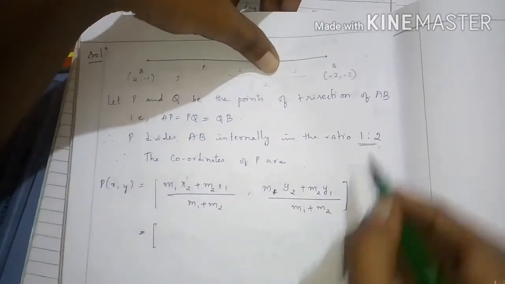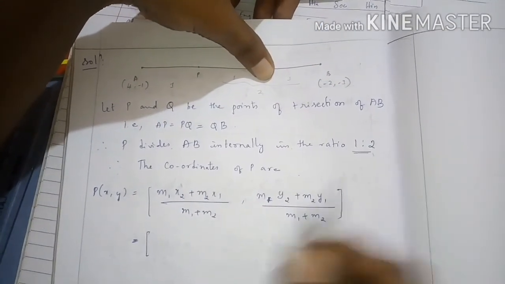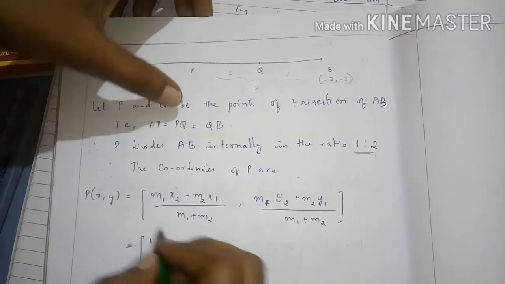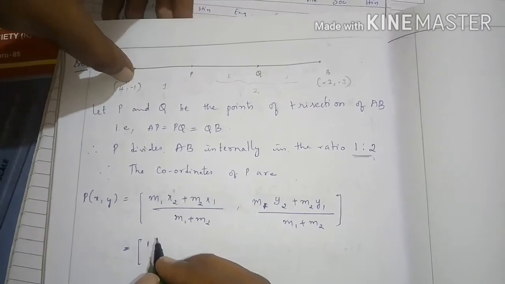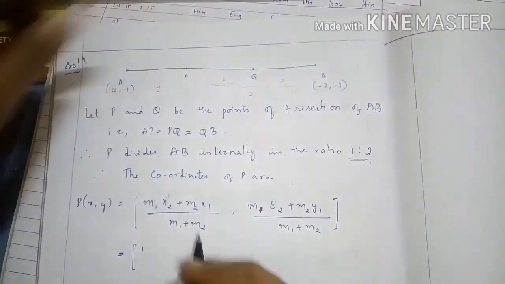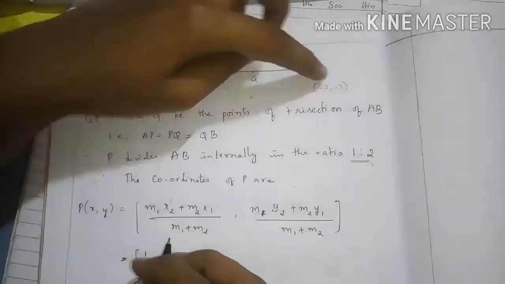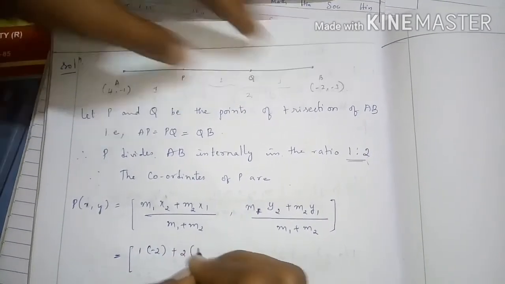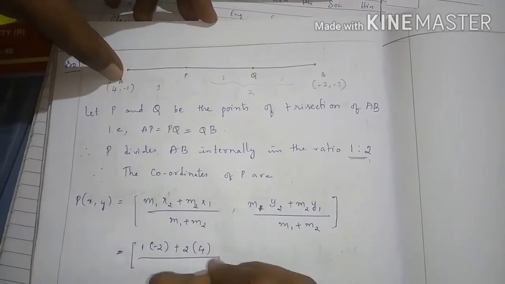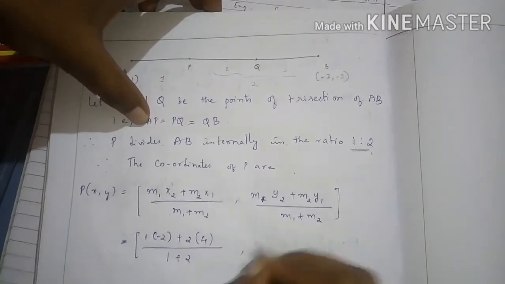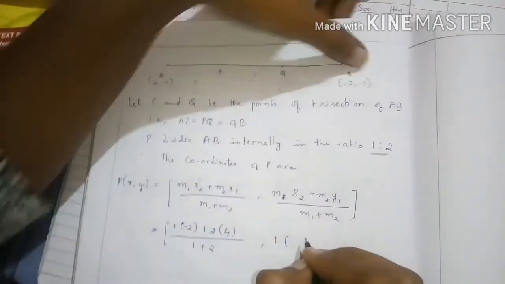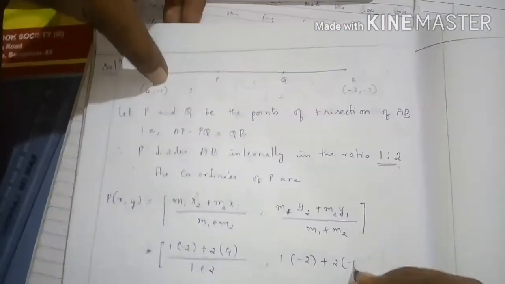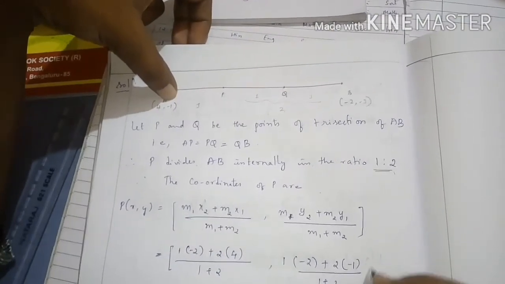What is m1 here? 1. m2 is 2. x2 is -2 plus m2 is 2, x1 is 4, divided by m1 plus m2 is 1 plus 2. m1 is 1, y2 is -3 plus m2 is 2, y1 is -1, divided by 1 plus 2.